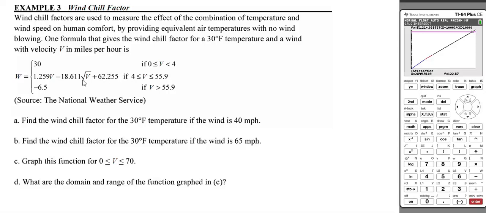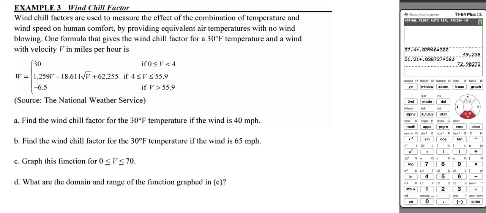And if it's the third piece, the wind velocity is more than 55.9, and it's basically flat out cold. It's going to feel like negative 6.5 degrees when the wind velocity is that high.